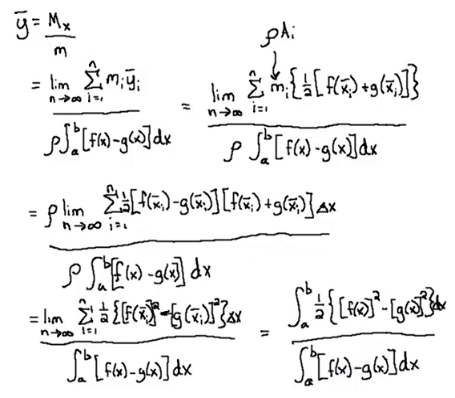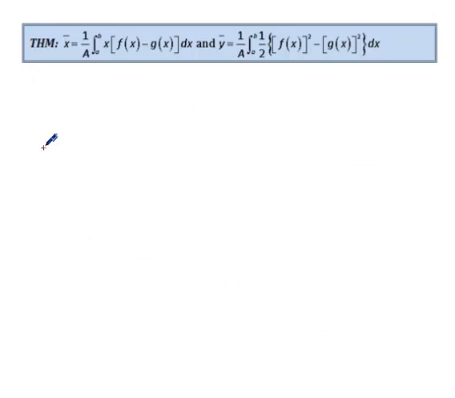And of course, these results for x bar and y bar are summarized in this theorem. X bar is 1 over A, where, by the way, A in this case they call the integral from a to b of f of x minus g of x dx.